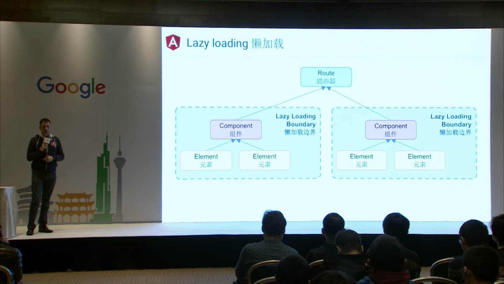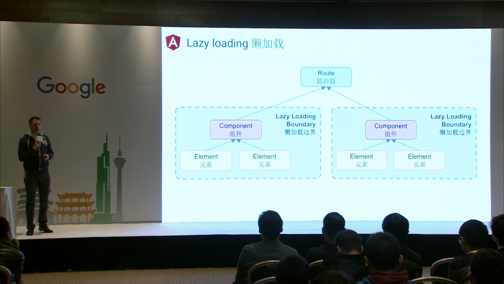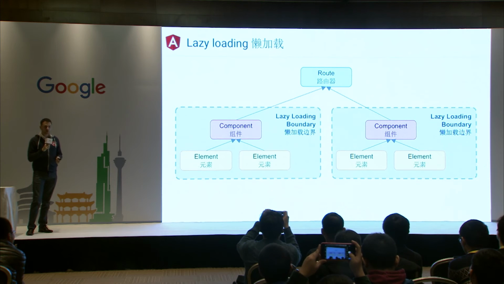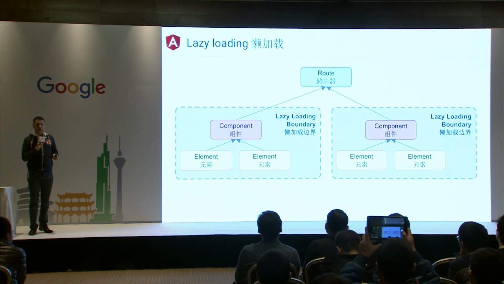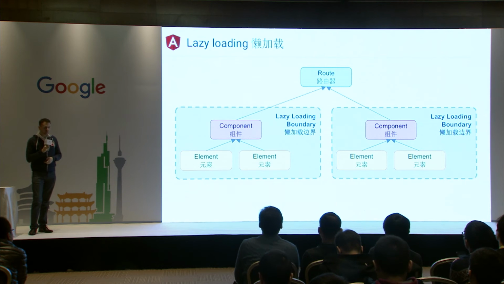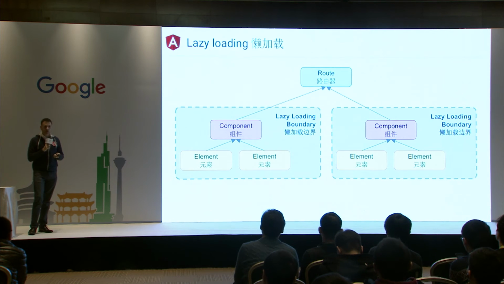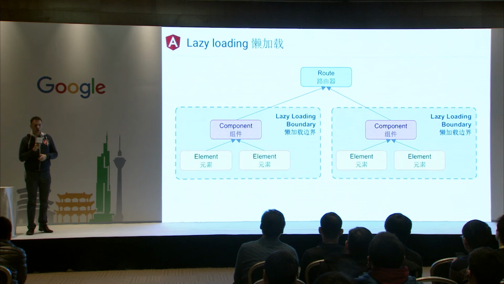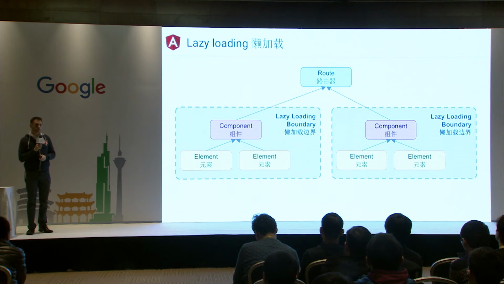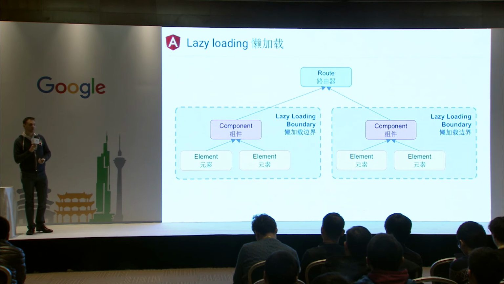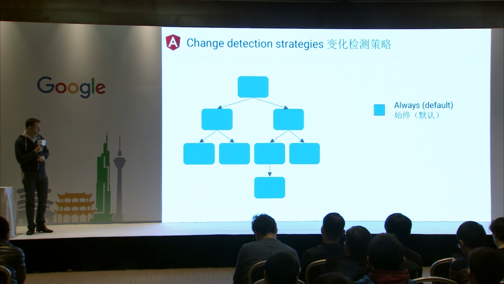Another way that we're increasing performance is by lazy loading components and modules for you using our router. Routers form a very natural separation point between different parts of your application. And so using the CLI and using a Webpack plugin that we've built, we can actually code split for you and only load routes and the modules that represent those routes when the user navigates to them, meaning huge increases in performance by pulling things out of the critical path for the user.